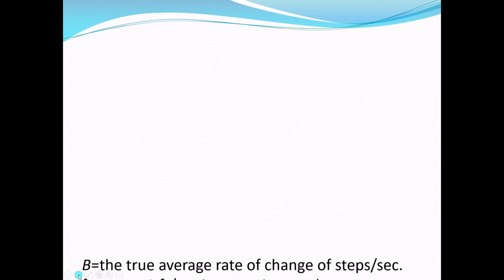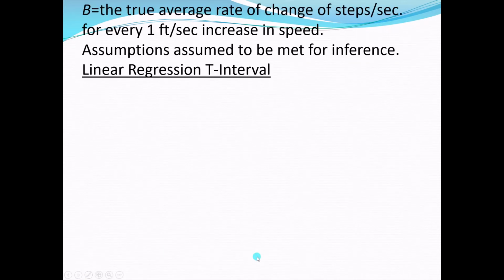All right. So we have to define beta, right? That is the true average rate of change of steps per second for every 1 foot per second increase in speed. Sometimes these things are a little hard to define. And here is the neat part. You already know the 4 assumptions. We learned them yesterday. We don't need to list them.